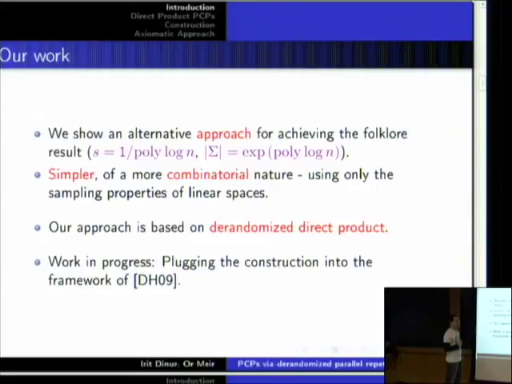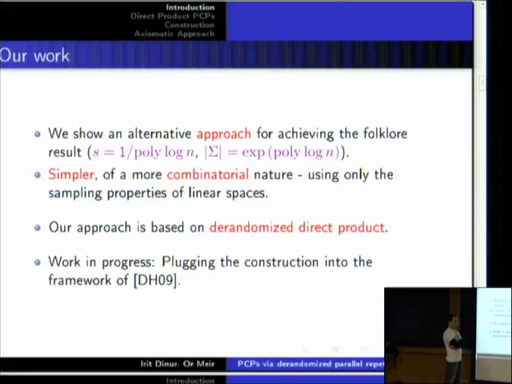Yes? I'm a bit confused at this point because to get from the folklore result to everything, the existing proof is purely combinatorial. Yes. So what would you say is the problem?